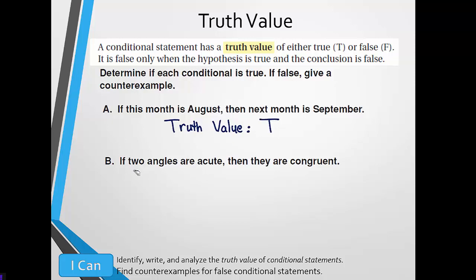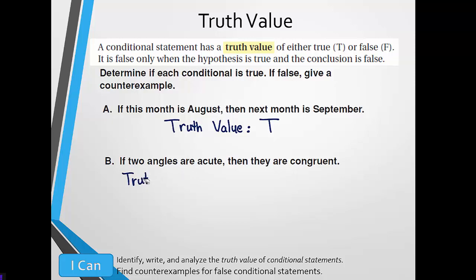Okay, for this next one, if two angles are acute, that is my hypothesis, then they are congruent. That's my conclusion. So I need to think about whether there is a time when two angles are acute and not congruent, where the hypothesis is true and the conclusion is false. And I can think about a time when that would happen.